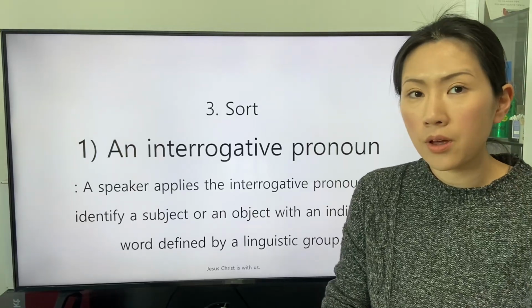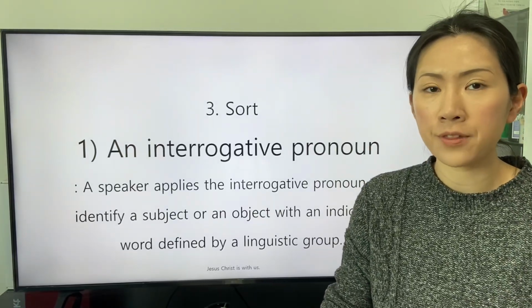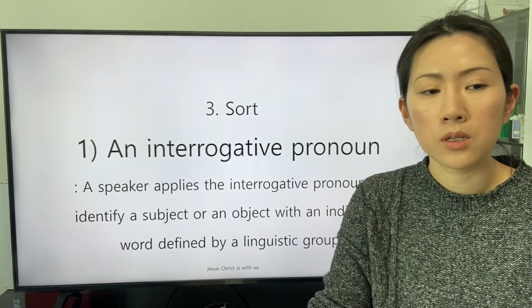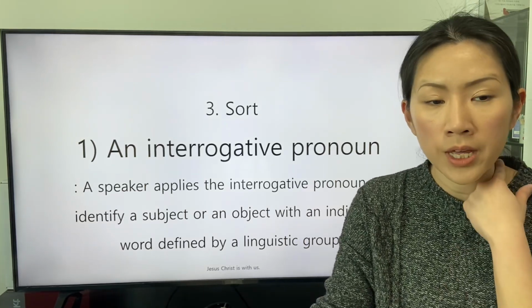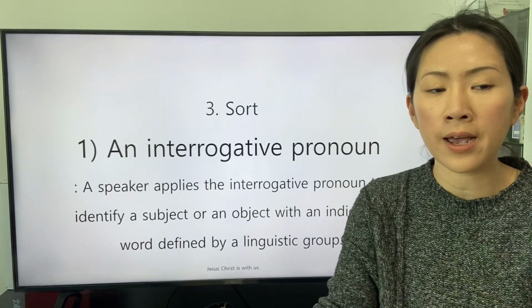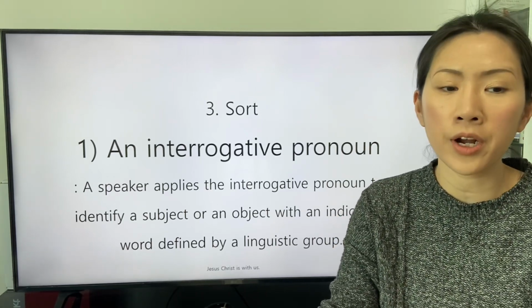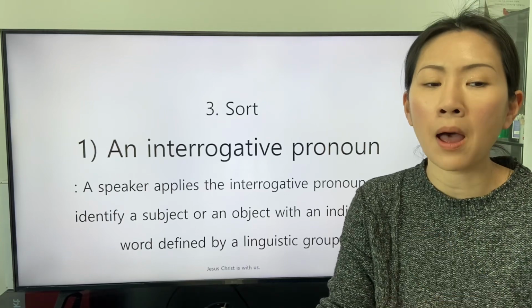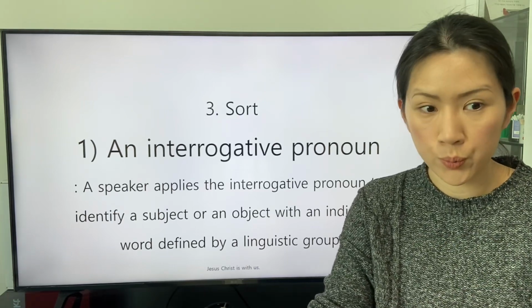Let's study about the third of the interrogative pronoun. A speaker applies the interrogative pronoun to identify a subject or an object with an indicative word defined by a linguistic rule.